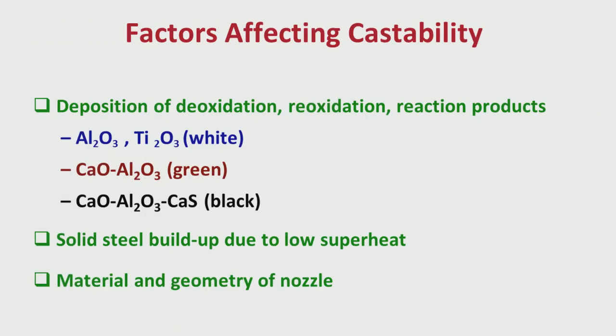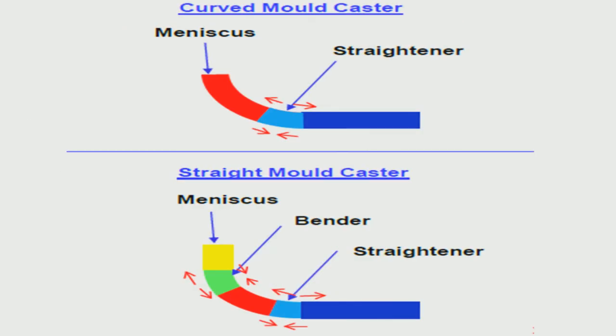Now, I have talked about another important thing: not only those portions will be bad, but even in the thickness of the slab or bloom or billet, the surface near the inner radius will be bad. This is the inner radius. If you have a straight mold, the distribution at the inner radius and outer radius is more or less similar. But if you have a curved mold, near the inner radius you have relatively more inclusions compared to the outer radius.